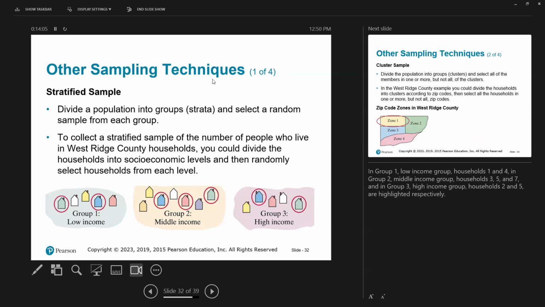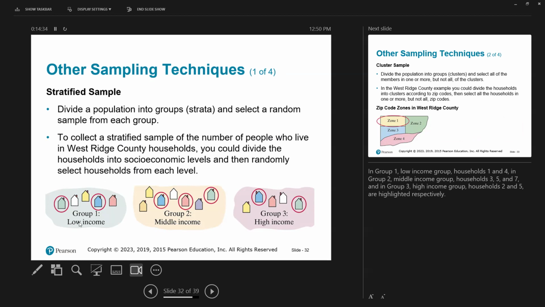Other sampling techniques. We will look at some other sampling techniques like stratified sample, which means divide the population into groups, which we call strata, and select a random sample from each group. To collect a stratified sample of the number of people who live in Westridge County households, you could divide the households into socio-economic levels and then randomly select households from each level.